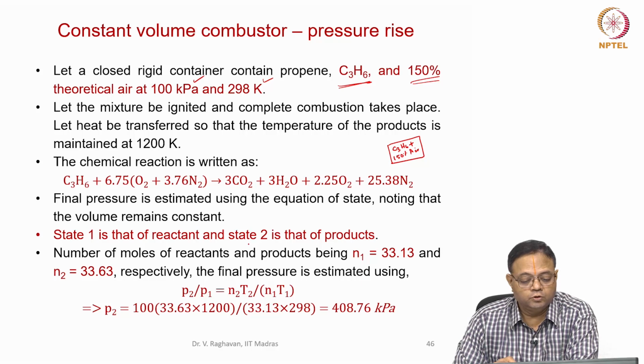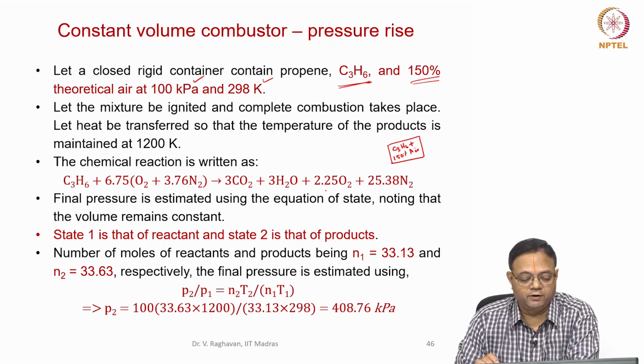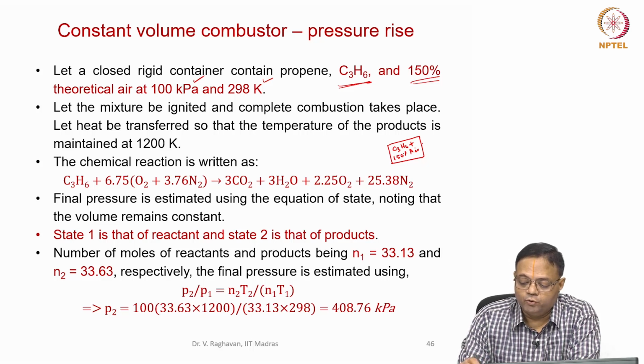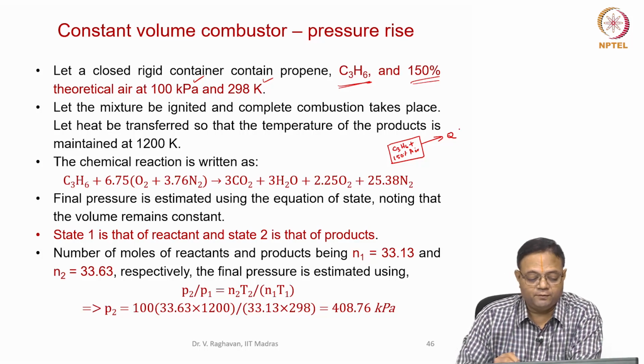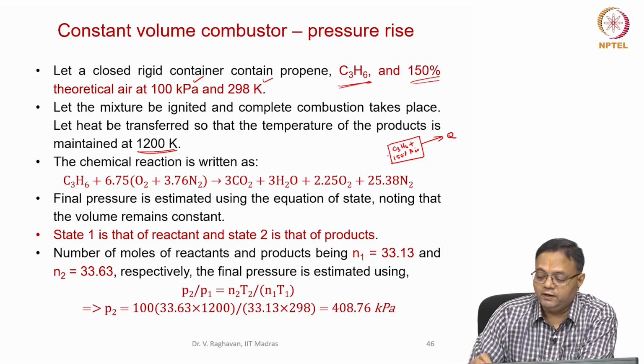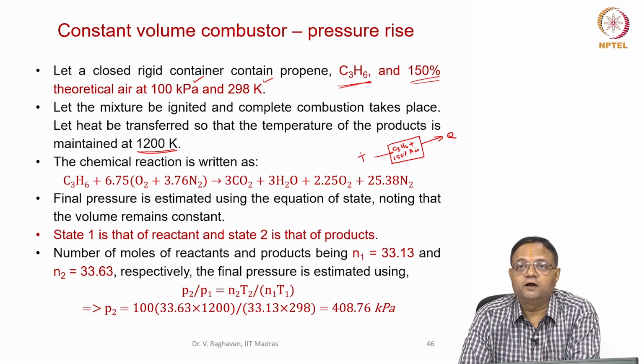Now the mixture is ignited and complete combustion takes place. What we do is I allow for heat transfer. When I do that, I maintain the temperature inside the rigid container at 1200 Kelvin.